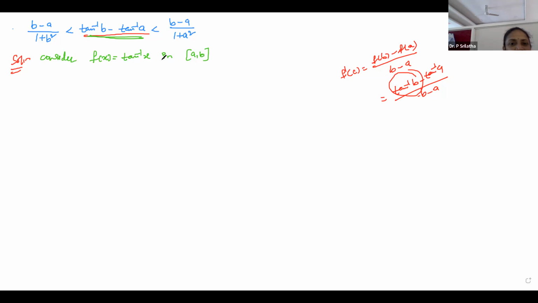So by Lagrange's mean value theorem, it satisfies all the conditions of Lagrange's mean value theorem, right? By using Lagrange's mean value theorem means it satisfies all the conditions.